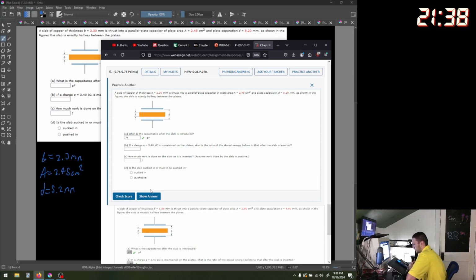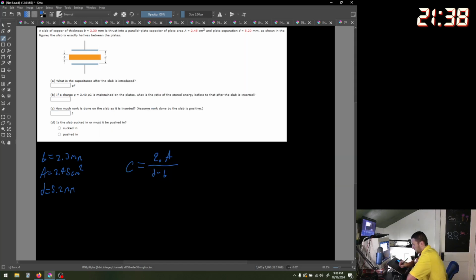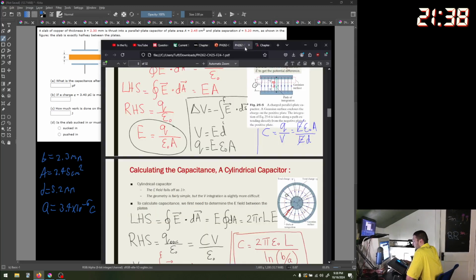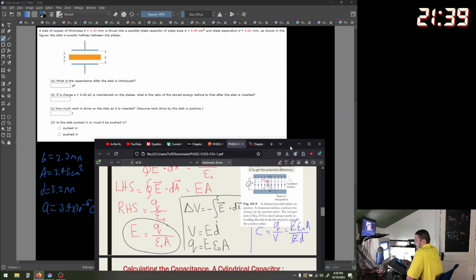So now if charge Q is 3.4 microcoulombs, so Q equals 3.4 times 10 to the negative 6 coulombs is maintained on the plates. What is the ratio of energy stored before the slab is inserted? Let's see if anything in our notes here talks about Q equals E epsilon 0 A. What's it asking for?